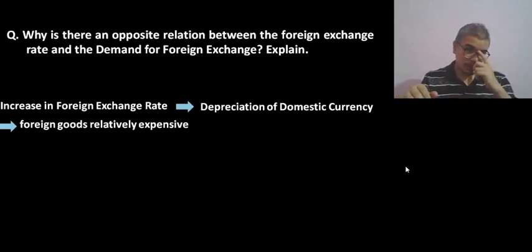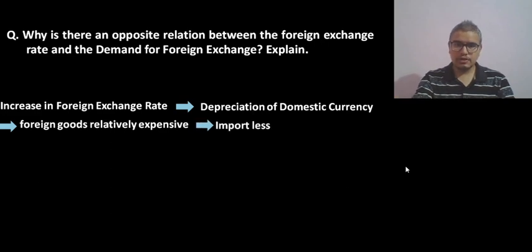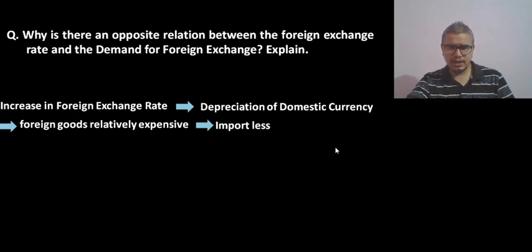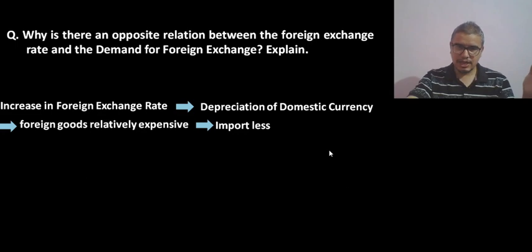Okay, now whenever foreign goods become relatively expensive, obviously it will reduce the import of those goods. So as a result, we will import less of foreign goods. And when we import less, if you can recall the previous slide, one of the factors determining demand of foreign exchange is import of goods and services.